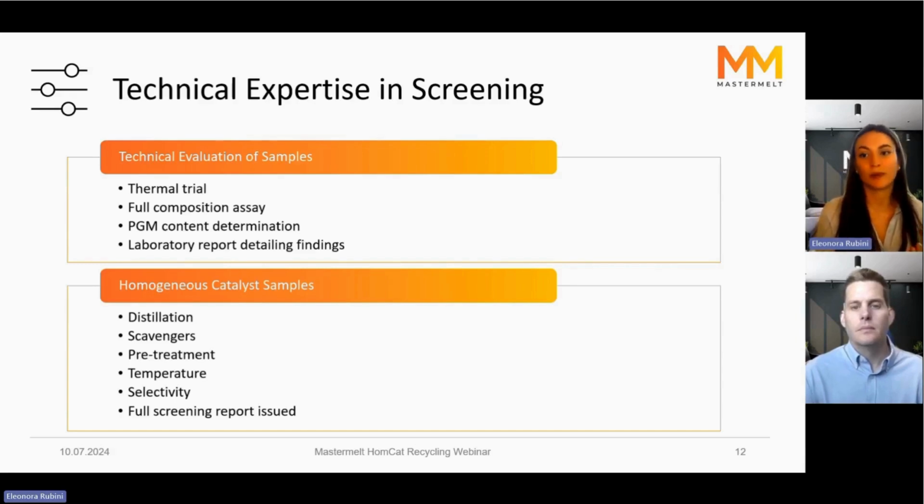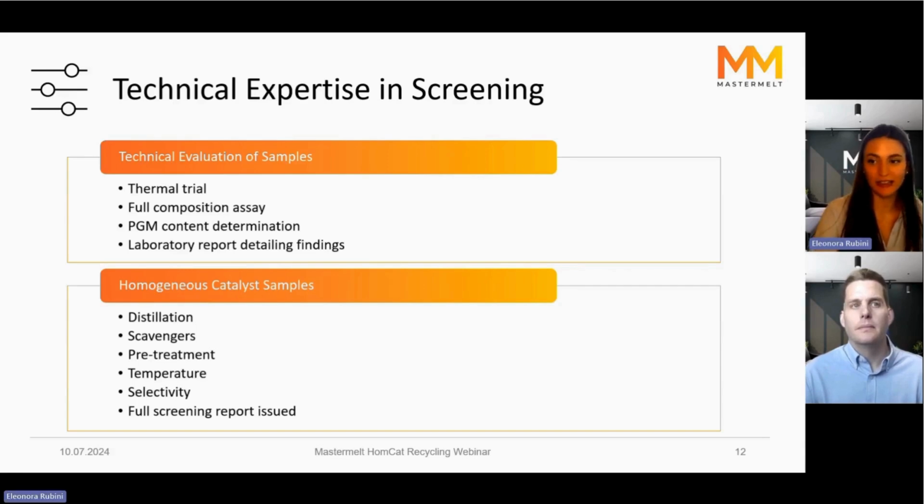So for example, the samples will undergo some thermal trial to assess the behavior when they are heated. We will get a full sample composition assay. And then the fire assay will also determine what is the PGM content. At the end of all of this, the lab will report some detailed findings that you will have available for all the samples that have been received.